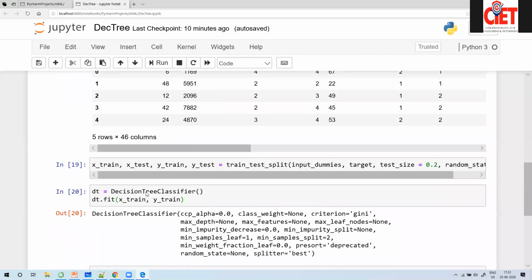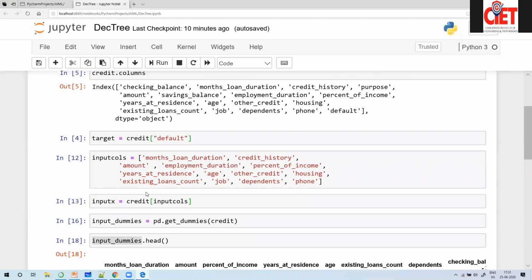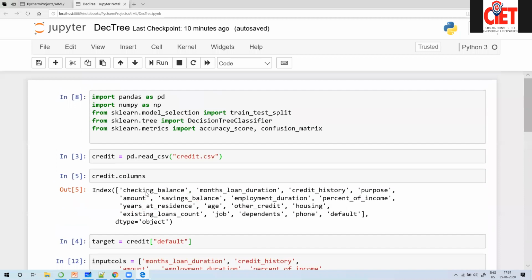Now, all of the magic, if you remember, in linear regression and logistic regression, we perform some EDA, we select some variables by looking at the relationship between the input variables and the target variable. If the relationship is strong, we select them.